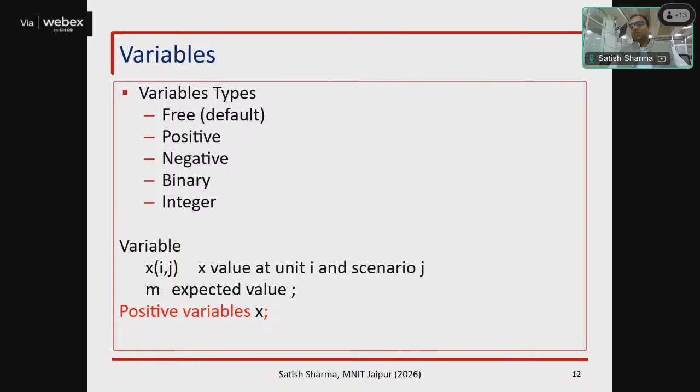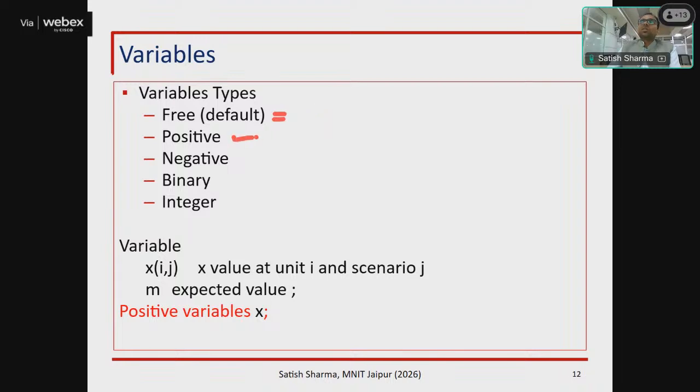Now there are types of variables. As we discussed, based upon variable type, we can classify our optimization into different categories. GAMS supports the following variables, which are visible on your screen. Free variables are continuous variables which can have positive and negative values.